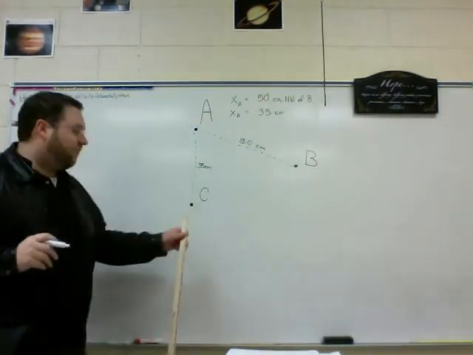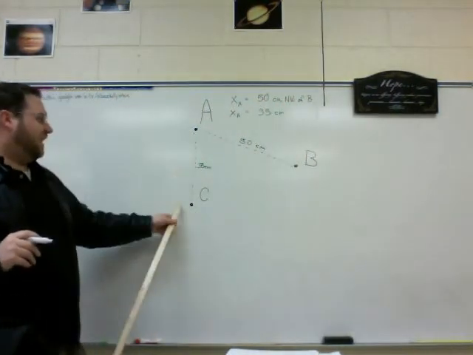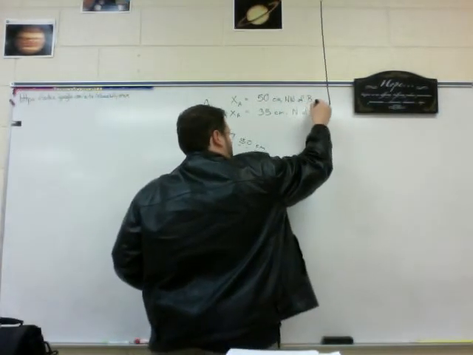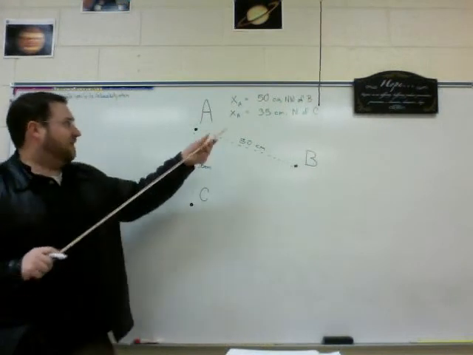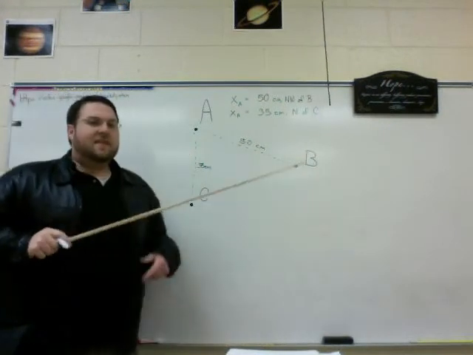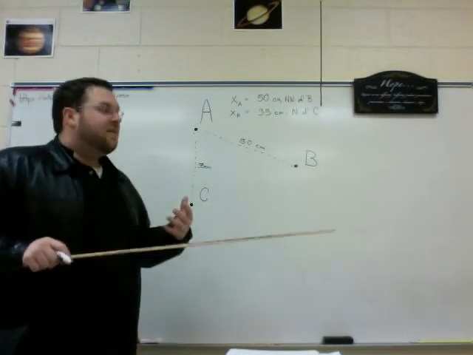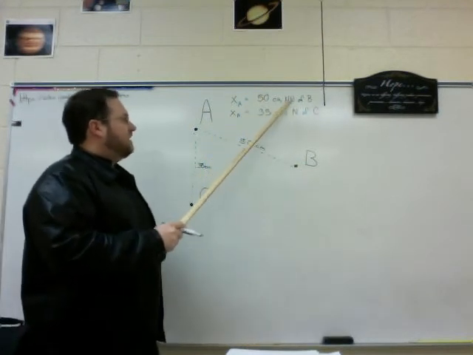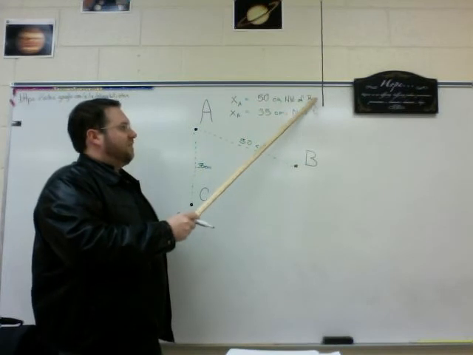Now I need the direction from the frame of reference to the object, north of C. Notice now that I have 2 positions for A. They both mean the same thing, they're just written differently. Both of these will get you to the same place, they just use different frames of reference.